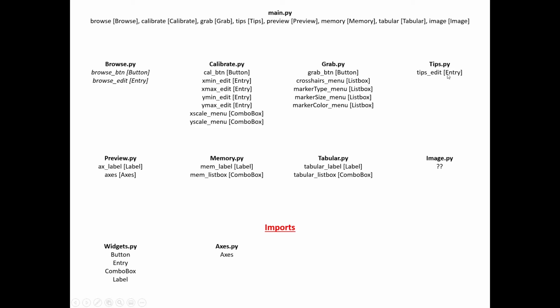And so when I create the instance of this calibrate class, I'm going to have to, I think, pass in the tips object into this calibrate object, because I want this calibrate class to have access to these attributes and methods.